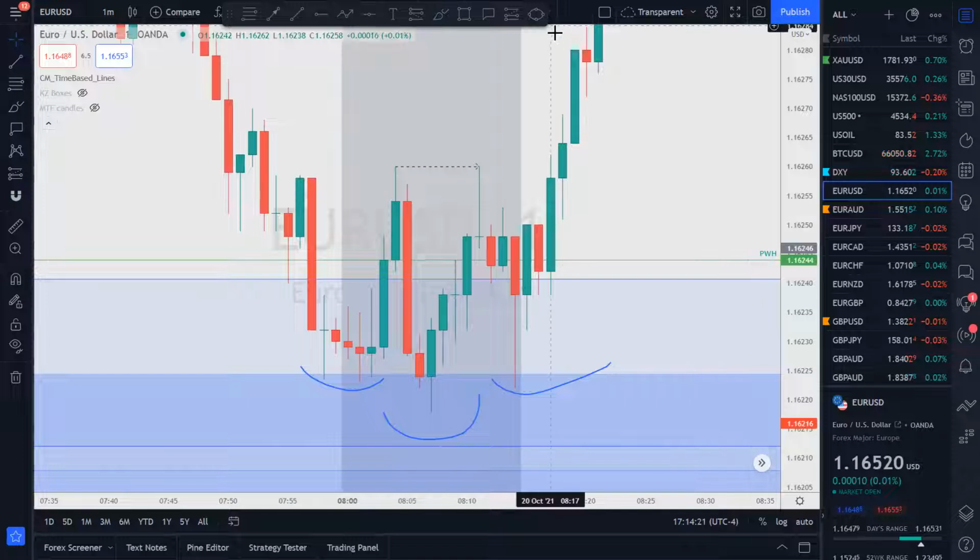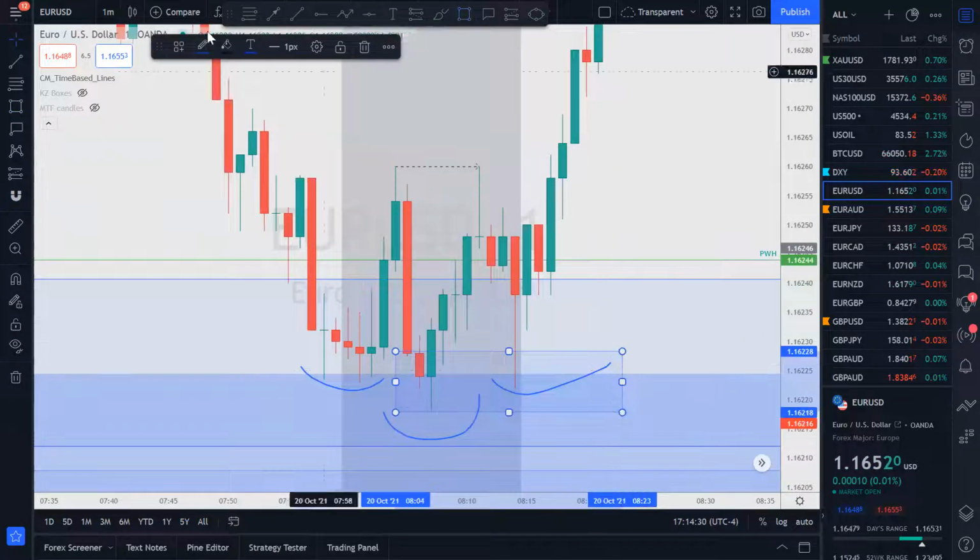So I got the head of this head and shoulders, left shoulder, right shoulder. I have the head clearly defined.